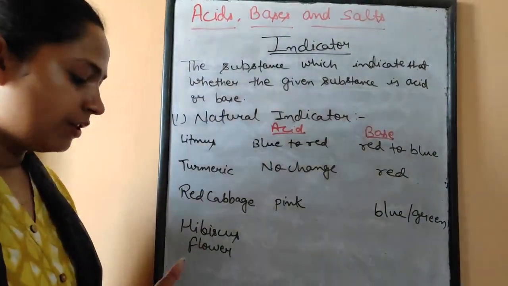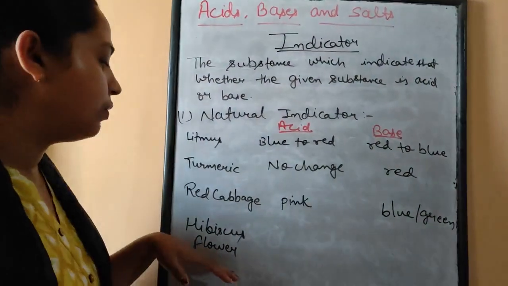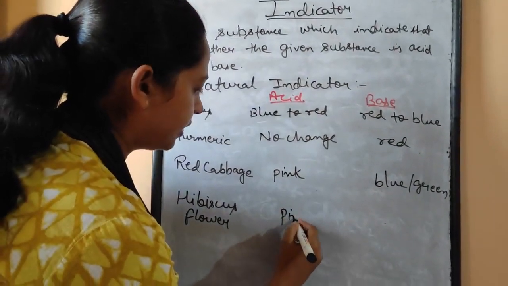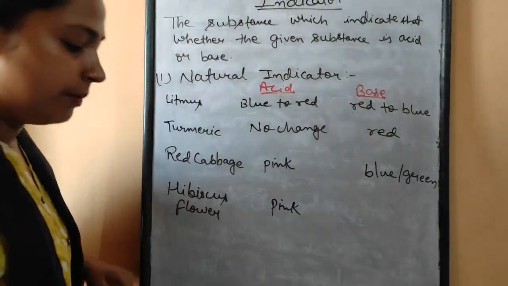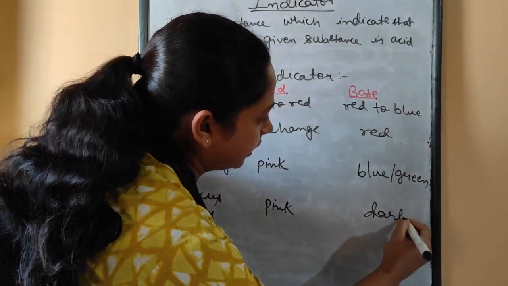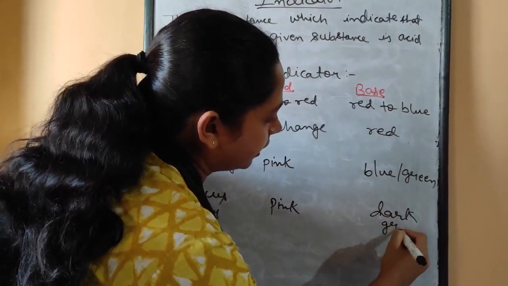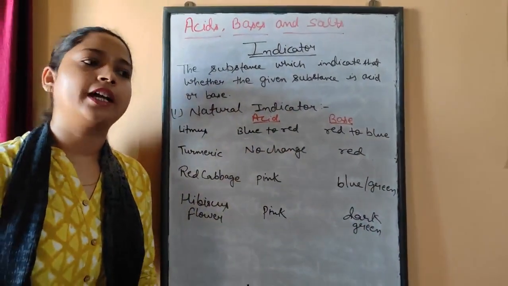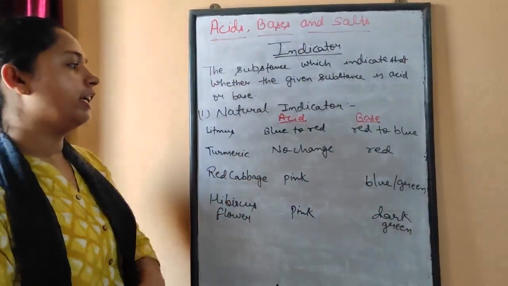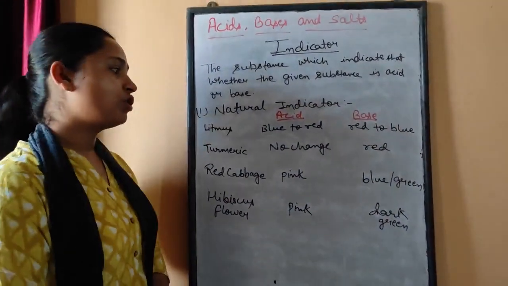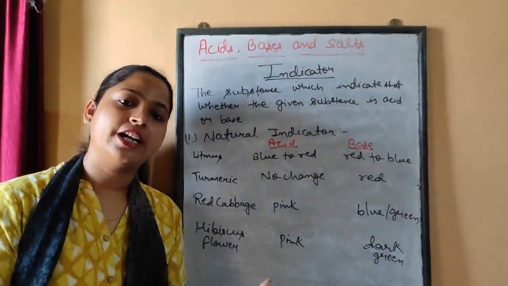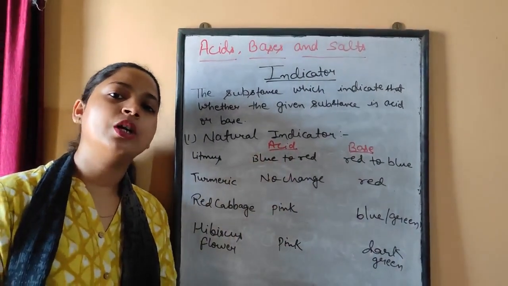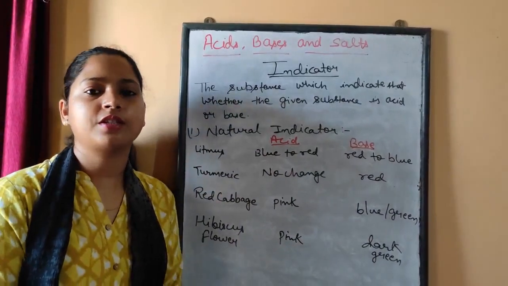So hibiscus flower juice, when we extract and use it as indicator, in acid gives pink color, and in base gives dark green color, or we can say the color which tends to black. So these are the natural indicators which show the change in color when we add acid or base. With the help of the color change we observe, we can identify that the given substance is acid or base.